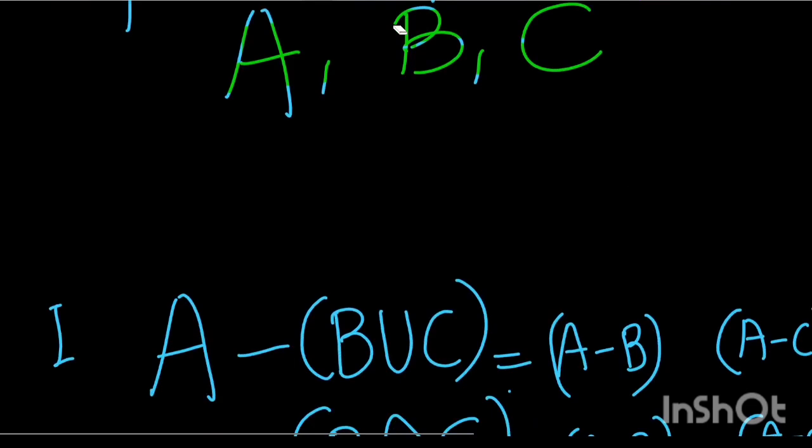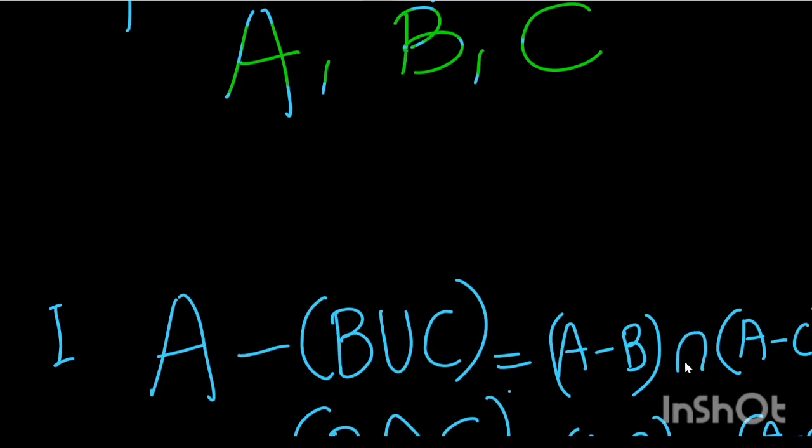So the first is A minus (B union C) is equal to (A minus B) ? (A minus C). So now if I ask you what will come in this, the question mark would be replaced by what? What will you say, guys? So guys, we will establish that this would be replaced by intersection.